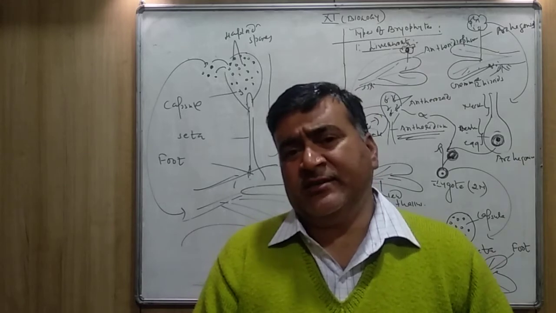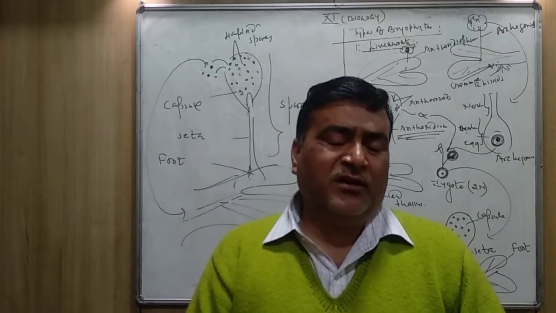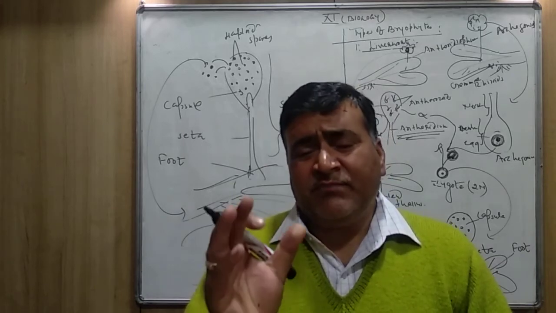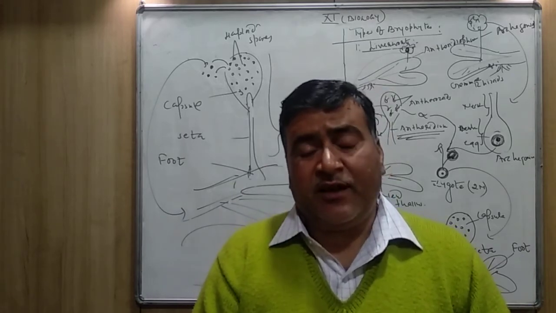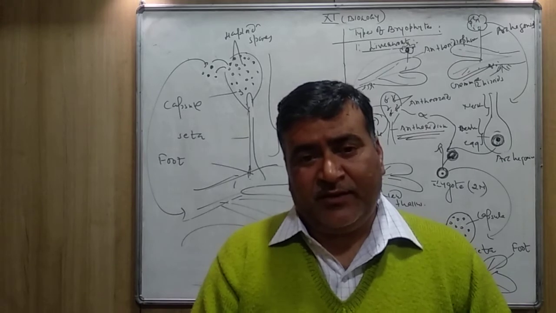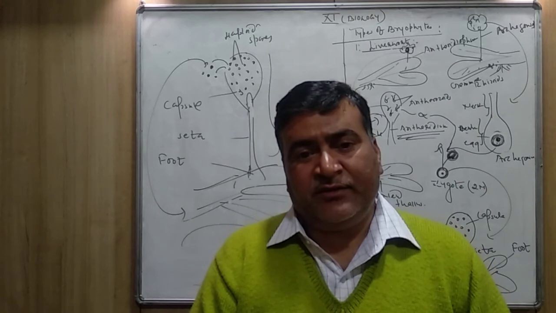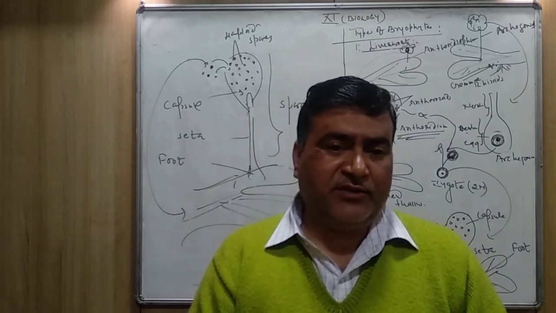The liverworts include the members of the bryophytes which are very simple. Their body is thalloid, and the rhizoids are present, which absorb water from the soil.